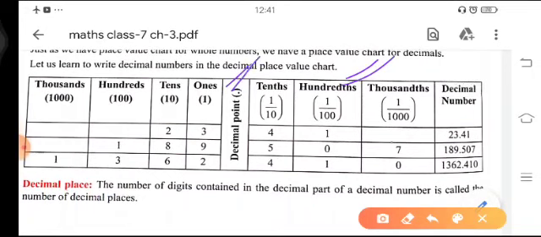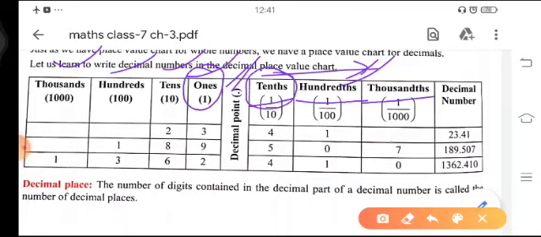On the left side we will make the whole numbers part: ones, tens, hundreds and thousands. See, there is a difference. While making the table, you have to start the left part with the ones, while you start the right part with the tenths. There will be no ones.